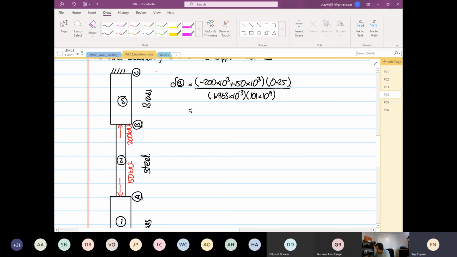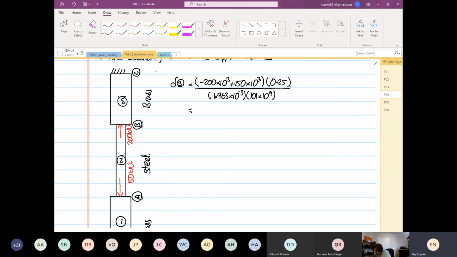So this will be equal to minus 200 power 3 plus 150 power 3, multiplied by 0.25, divided by 1.963 power minus 3, divided by 101 power 9.